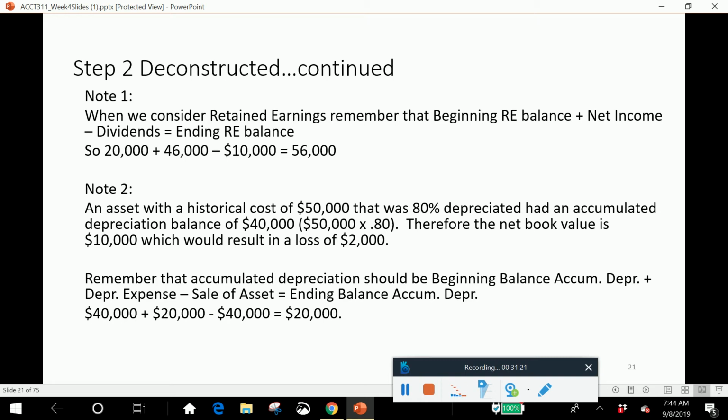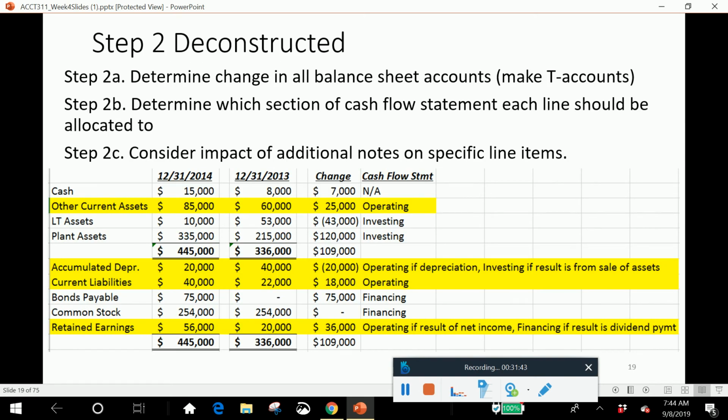Our accumulated depreciation balance would be our beginning balance plus depreciation expense for the year minus any accumulated depreciation that was related to the sale or retirement of an asset, and that should give us our ending balance of depreciation. If we go back, our accumulated depreciation balance was $40,000.